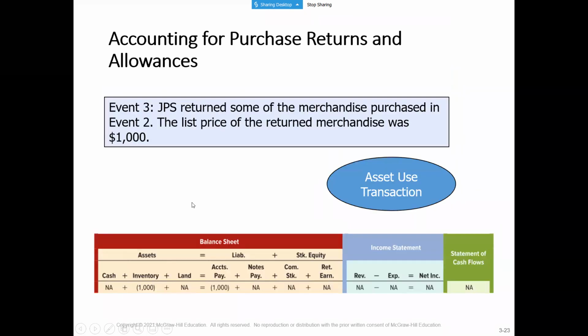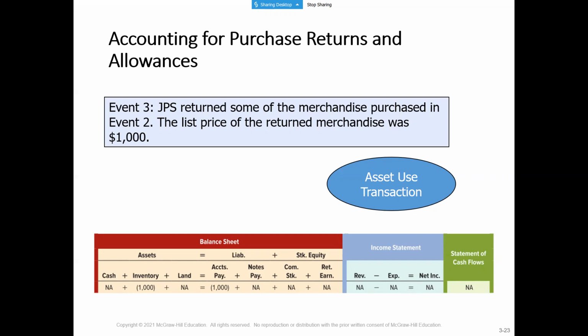So how purchase returns and allowances affect our accounting records: this time we are on the purchase end of the spectrum. So JPS company purchased some goods. Goods weren't what we wanted, so we returned them. Turn them back to the seller.